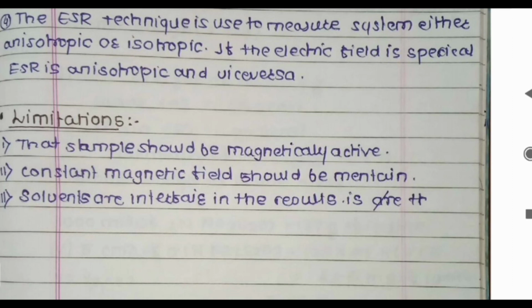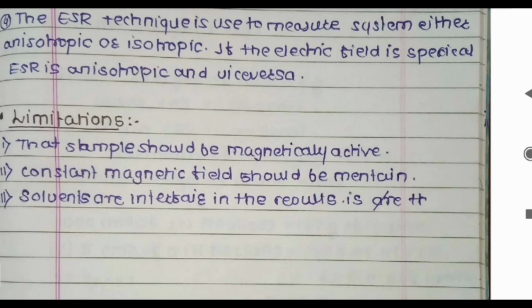So there are certain limitations for the ESR spectrometer. The first limitation is that the compound or the sample should be magnetically active. If the compound is magnetically inactive, or a diamagnetic compound, we cannot determine the ESR spectrum of that particular compound.